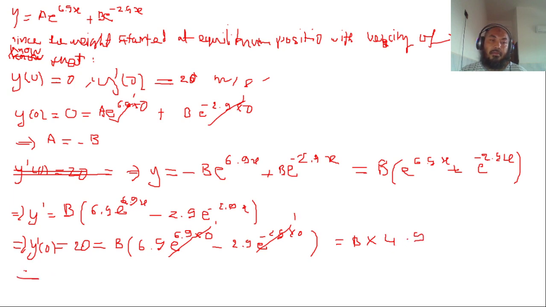Okay, so we got b is equal to 20 divided by 9.8, we got 2.04.